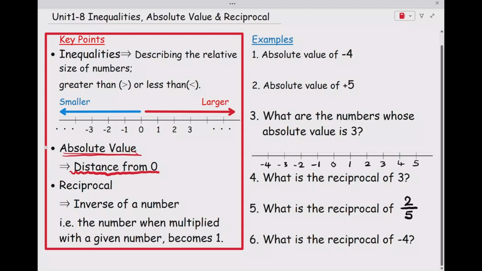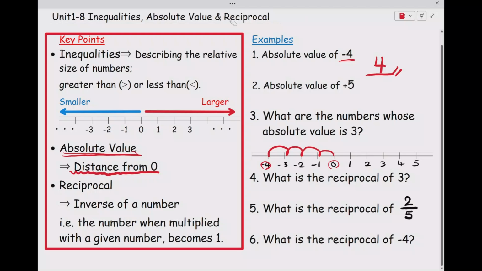For example, if you are asked what the absolute value of -4 is, the distance from 0 to -4 on the number line is 4, because -4 is the point on the number line that moves 4 places to the left from 0. So the absolute value of -4 is 4.